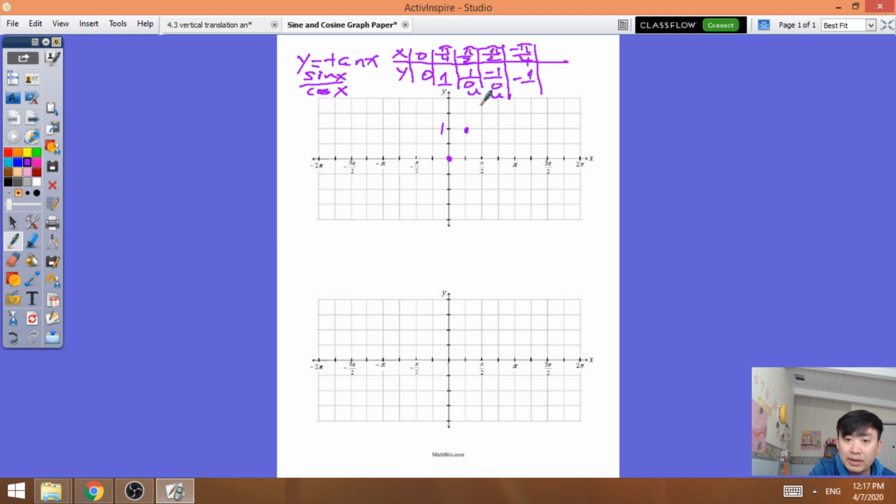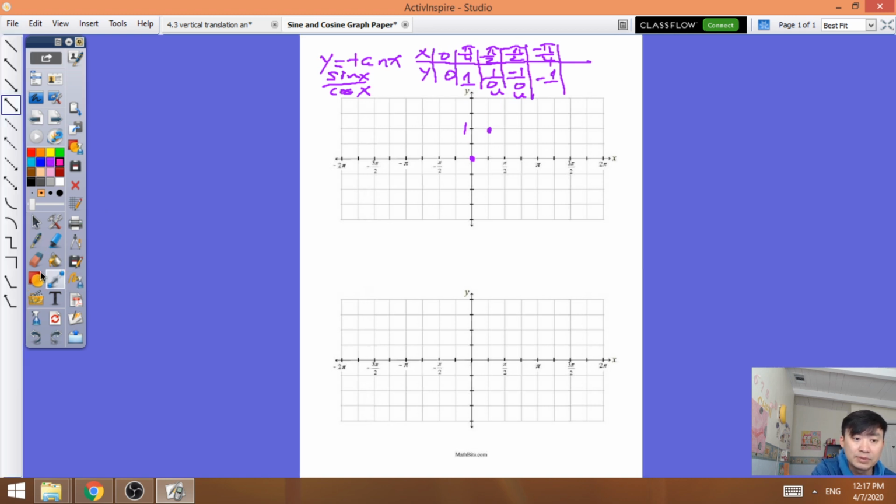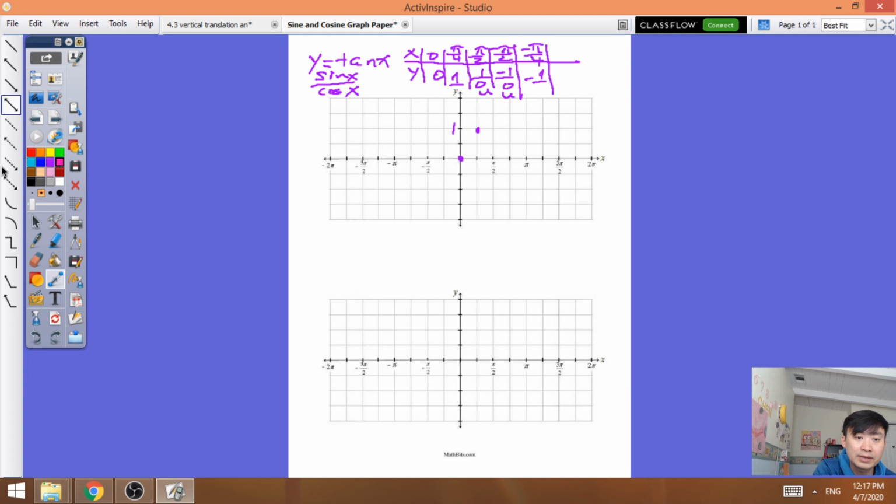If that's undefined, that means the graph shows a vertical asymptote. So let's put in the vertical asymptote at pi over 2, just make it straight like that.